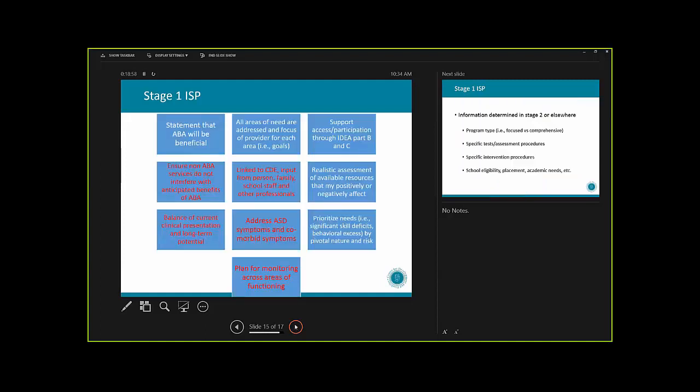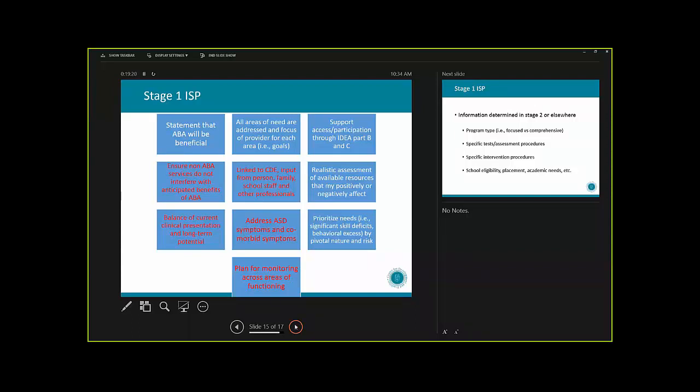So the ones left here in white are kind of the ones we talked about. The ones in red are somewhat more of, depending on how people put together their ISP and whatnot, the ones in red become a little more difficult to have like a formal piece on the ISP perhaps.